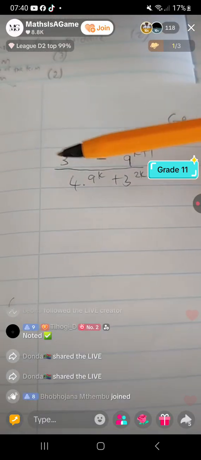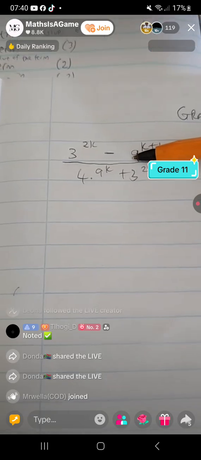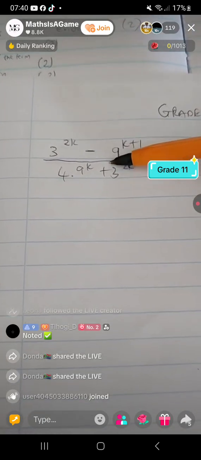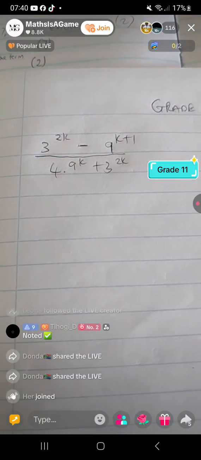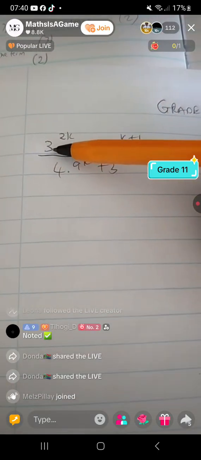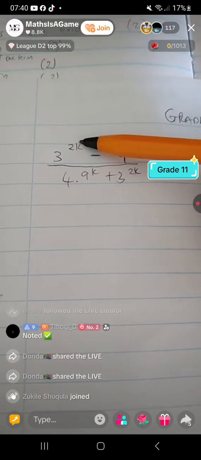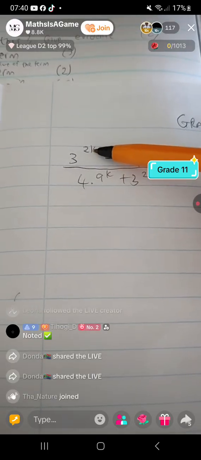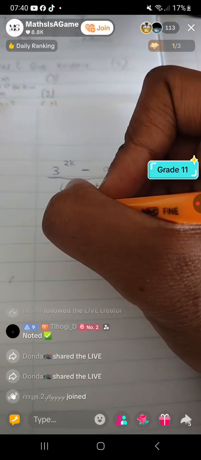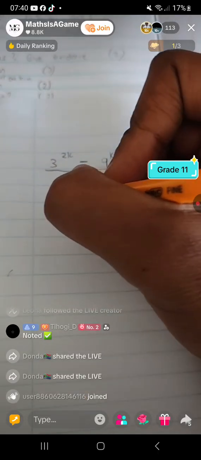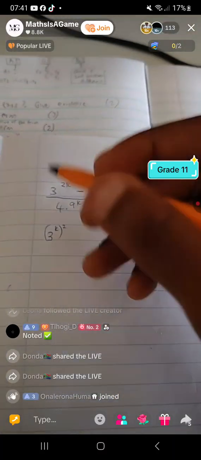All right. 3 is already prime with the variable. 9 is not prime. It is a composite base. So what are we going to do? We are going to change the bases that have your variable exponents, k, all right? So this one is 3 to the power, now I like doing this because it gives me that sense of, okay, there's 2 of these 3 to the power k's.